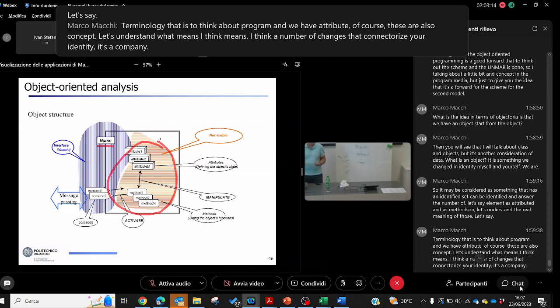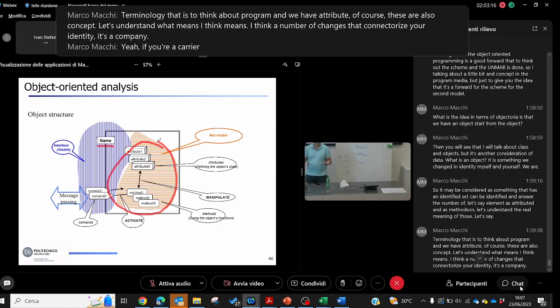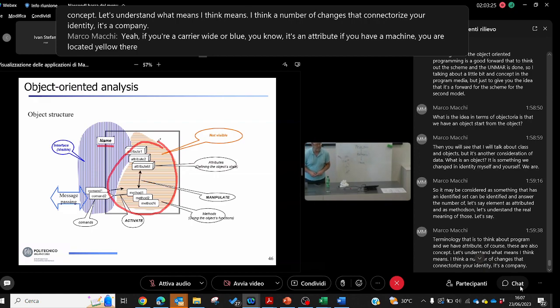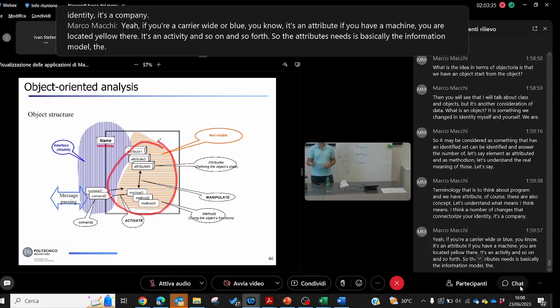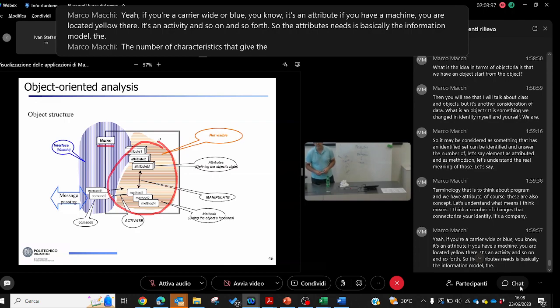If you're a car, you have red, white, or blue. You know, it's an attribute with values. If you are a machine, you are located here or there. It's an attribute of the machine, and so on and so forth. So the attributes list is basically the information model that tells you the number of characteristics that give the properties of the object.